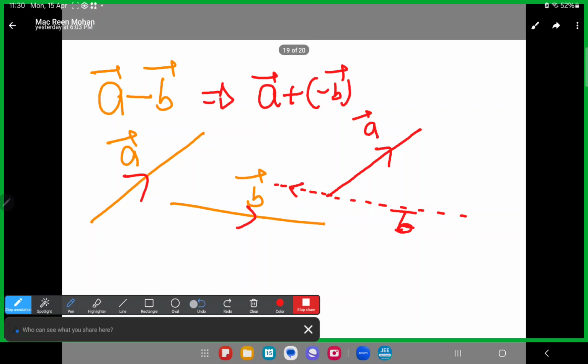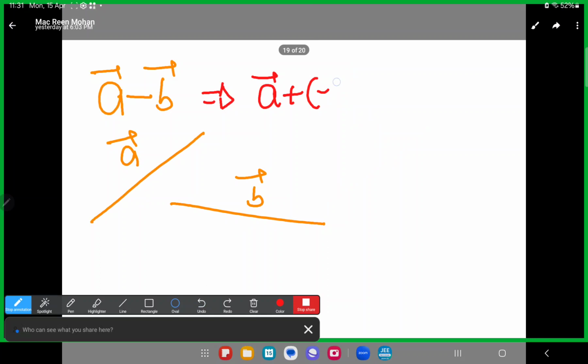Now let's draw it: A minus B. Clear? So here let's say this is A, this is B. Minus B will be here.